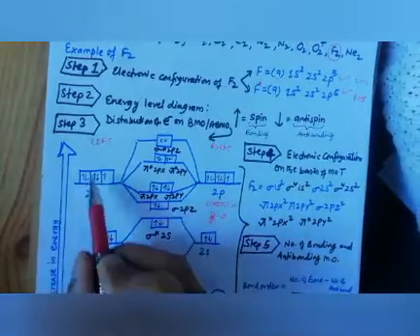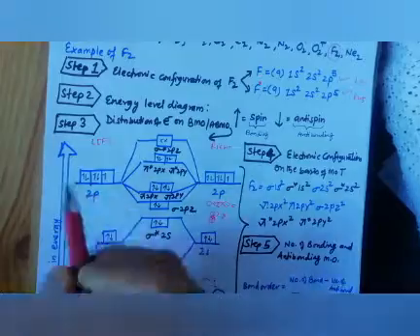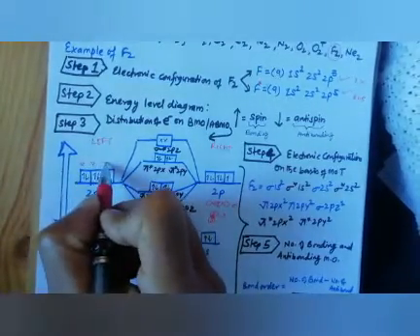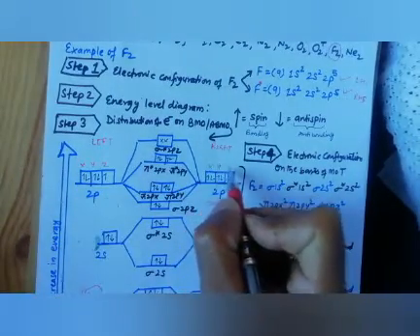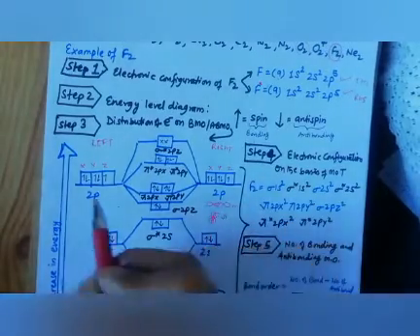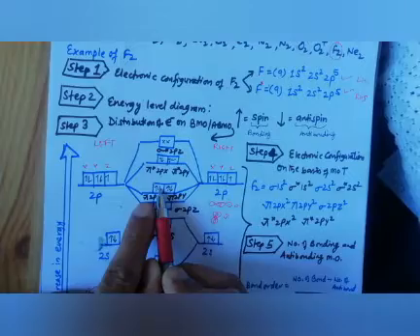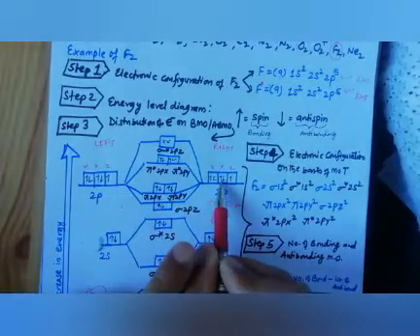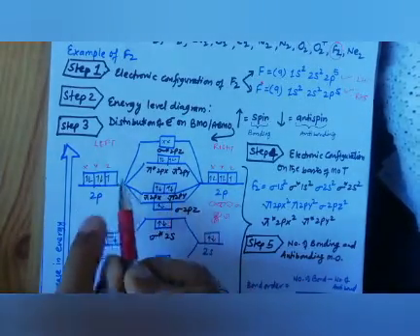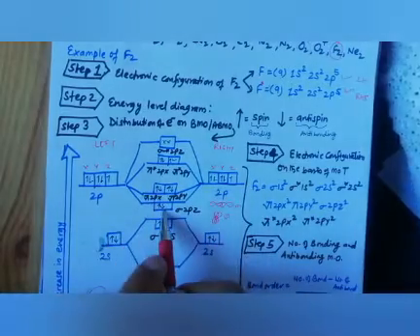Okay, so we will fill here now 2p, this is x, this is y, this is z. First we fill x in 2px, then y, and z clockwise we will fill in z.